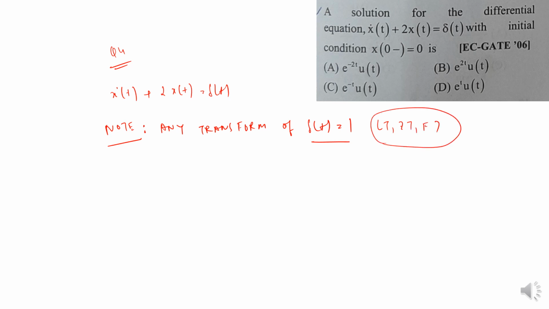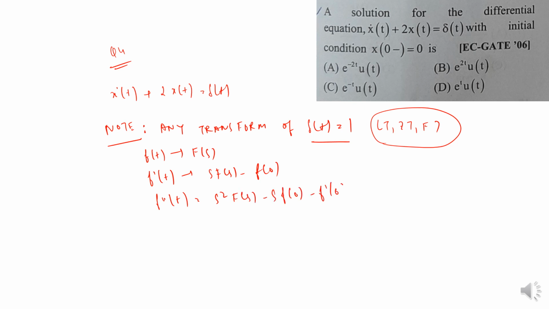And what I know is that if f(t) transforms to F(s), then f dash of t transforms to s into F(s) minus f(0), and s square into F(s) minus s into f(0) minus f dash of 0.